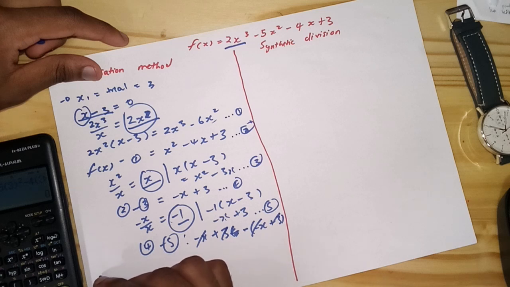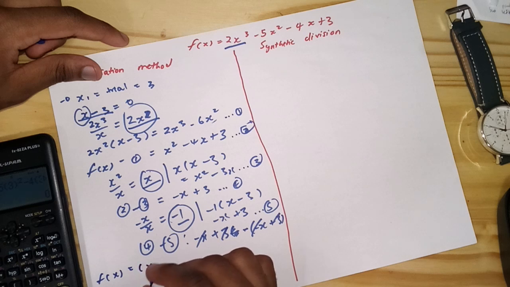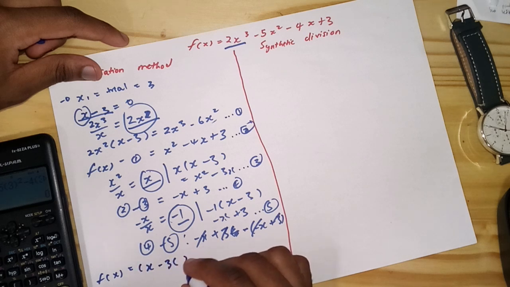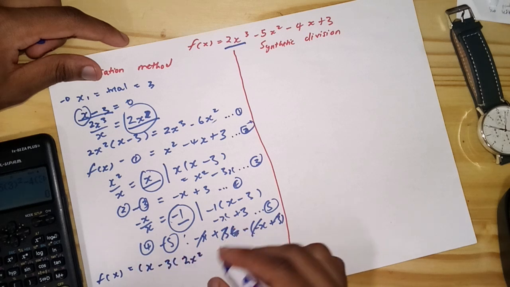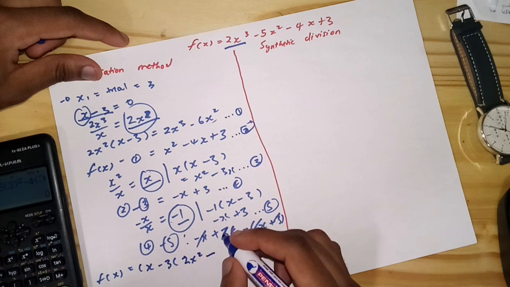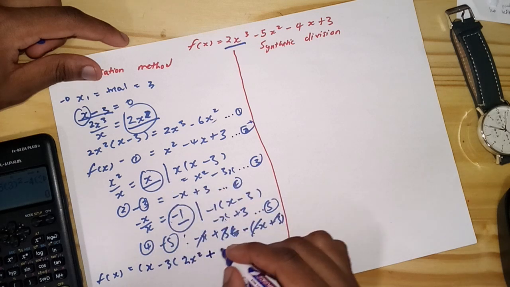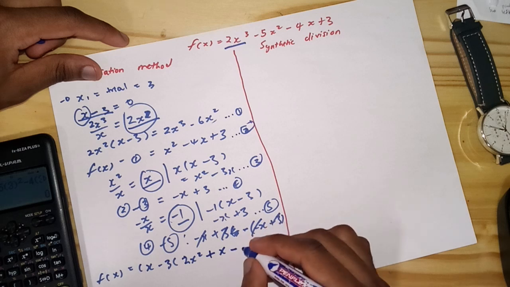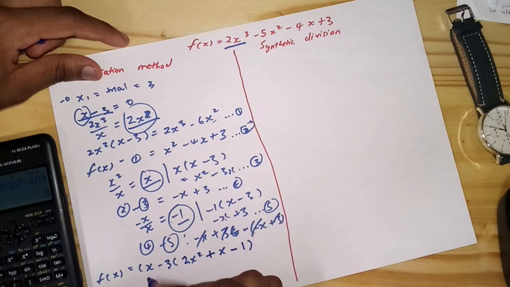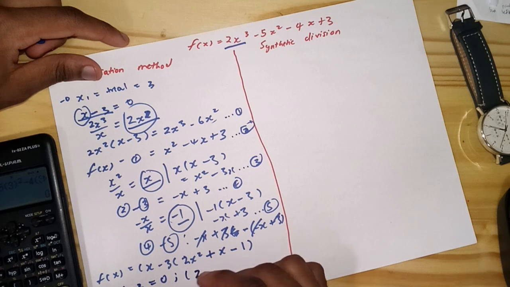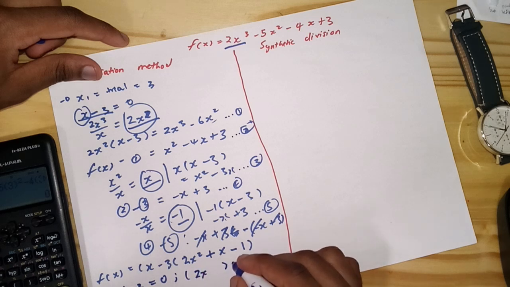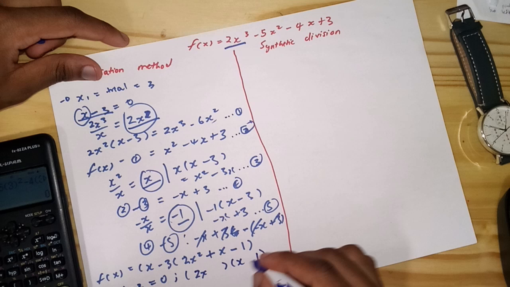So you're going to say f of x is actually equal to x minus 3 times 2x squared, what's the other one, plus x minus 1. Then you factorize this, and it ends up becoming x minus 3 equals 0, and 2x times x, 1 and 1.